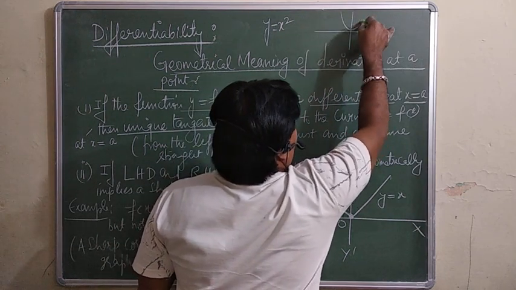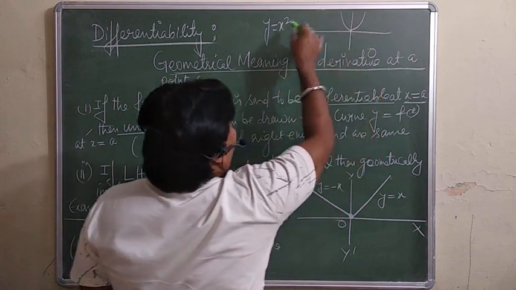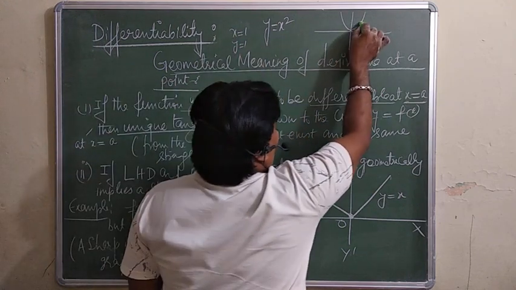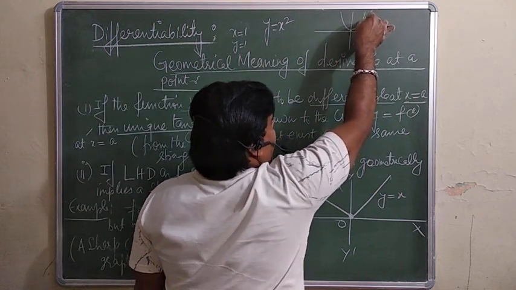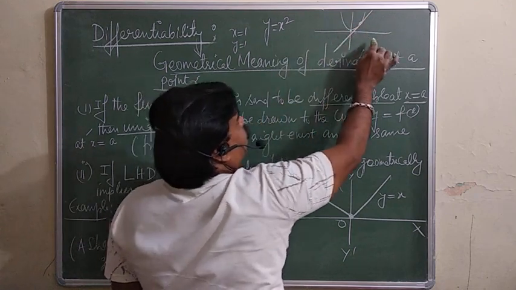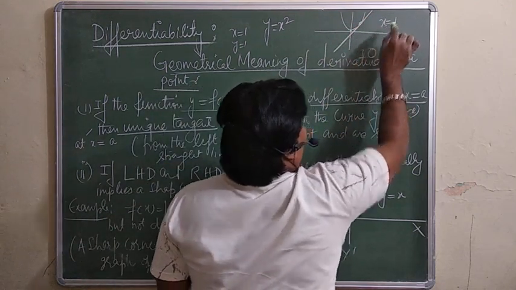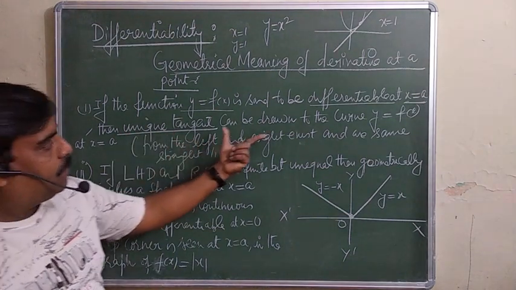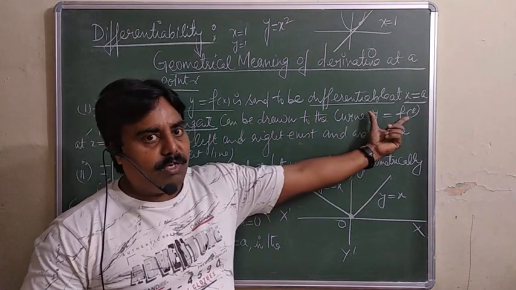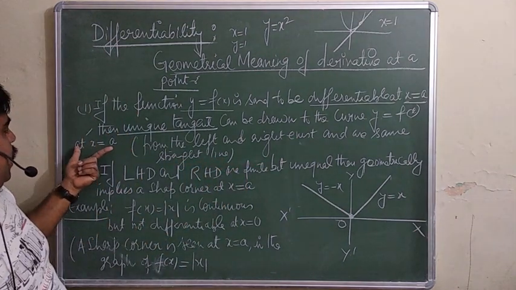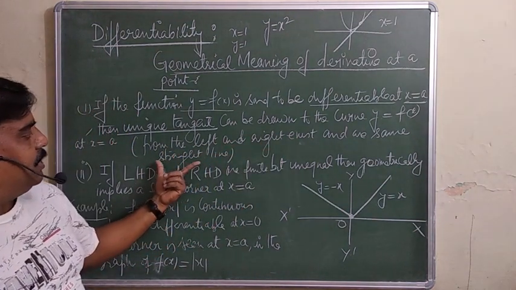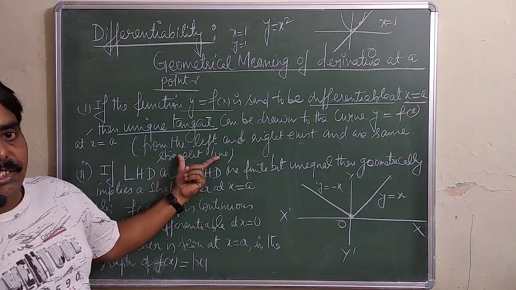At x equals 1, y equals 1. So at the point (1, 1) you get the unique tangent, and at x equals 1 this function is differentiable. So a unique tangent can be drawn to the curve y equals fx at x equals a if the left and right derivatives exist and are the same.